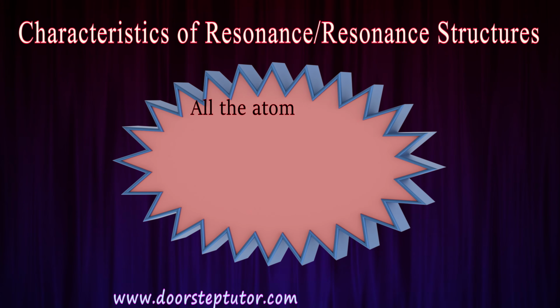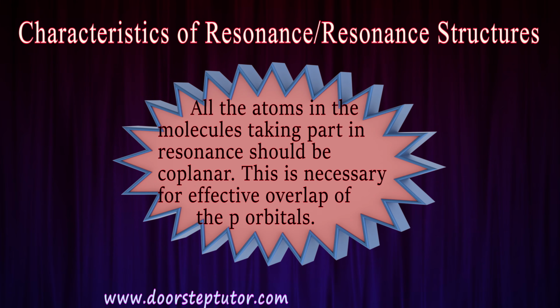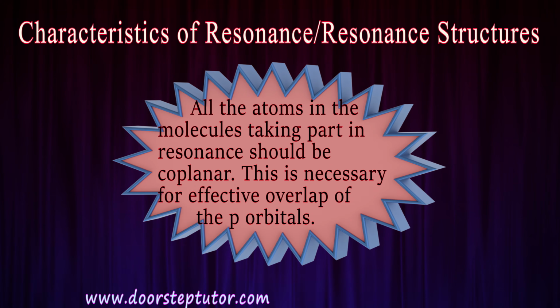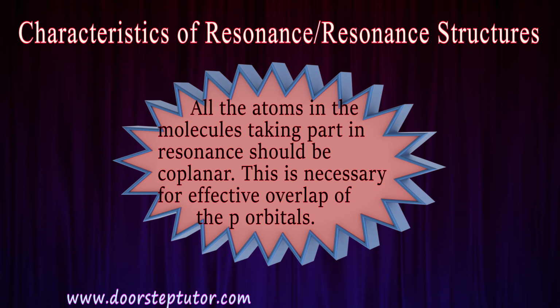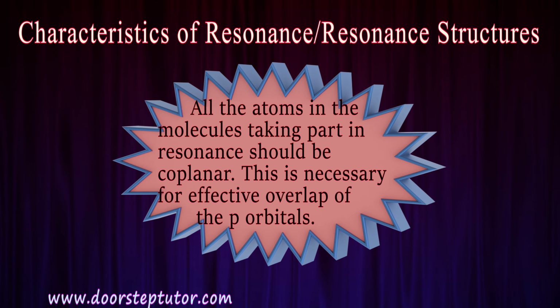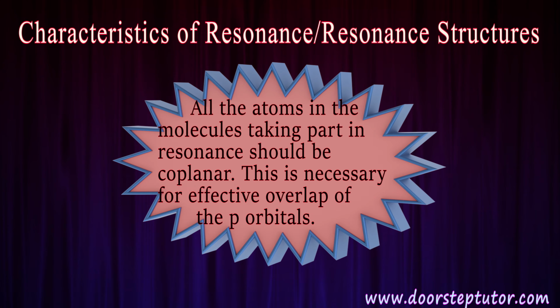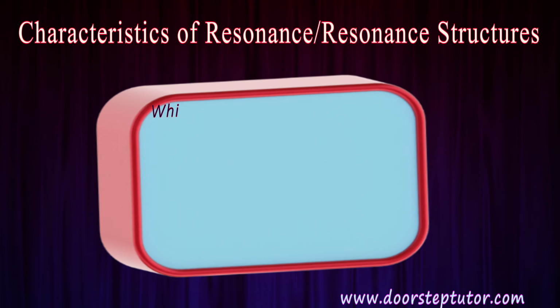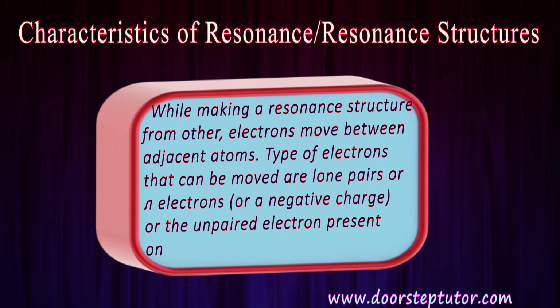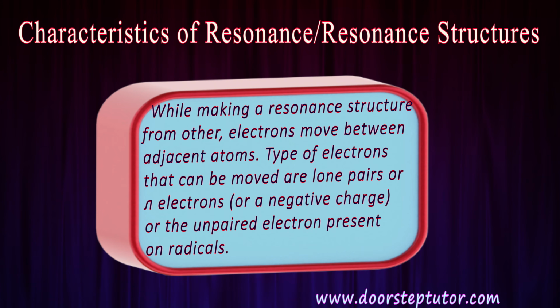The second point is that all the atoms in the molecule taking part in resonance should be coplanar. Consider a molecule and its atoms. All the atoms in that molecule should be in the same plane, because by having the same plane the overlapping of p orbitals will be effective, and it's necessary for resonance. The third point is that while making a resonance structure from another, electrons move between adjacent atoms.